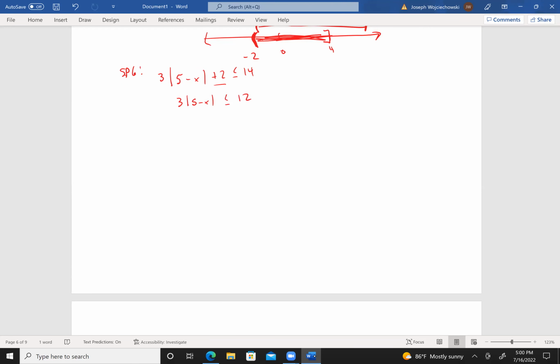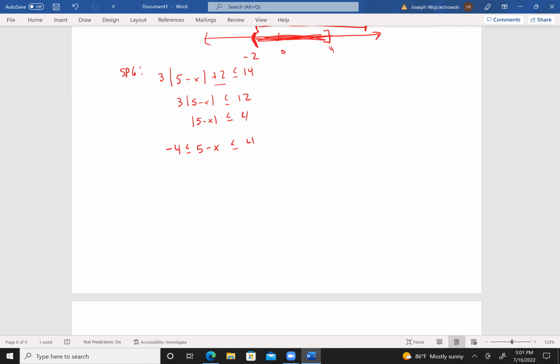Then divide both sides by 3. I have absolute value of 5 minus x, and I'm dividing by a positive, so I'm good. So here I'm looking at less than or equal to. So that means I take this, take the negative of it, less than or equal to 5 minus x, less than or equal to 4.